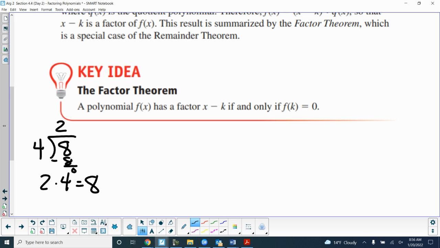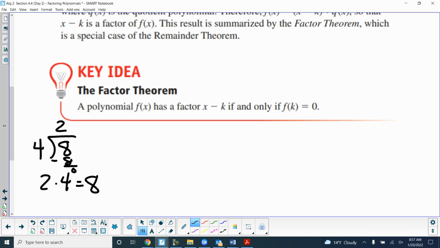Okay. So what this is saying is if I have a factor like x minus 2, and I use synthetic division and get a remainder of 0, that means that x minus 2 is a factor of the polynomial. Okay? That's all that's saying. All right?